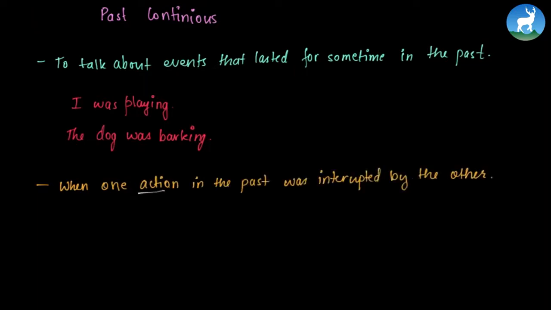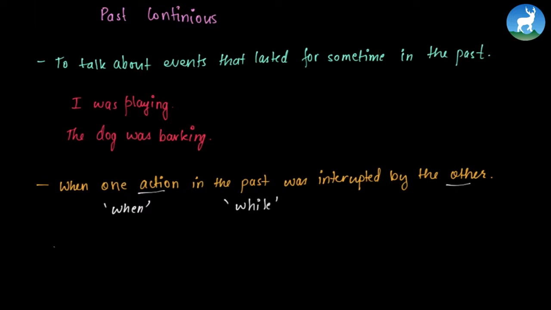So here we can see there are two actions, one that was happening and the other that interrupted the first action. To link these two actions, we use either when or while.